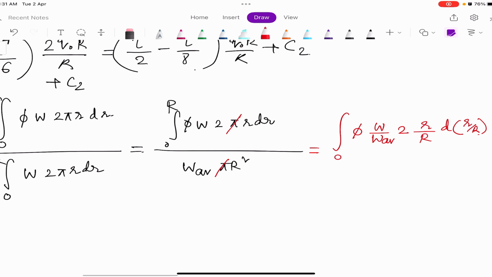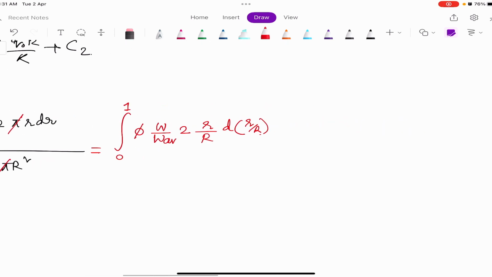Now this will become 0 to 1 because the limit of r by R is 0 to 1.